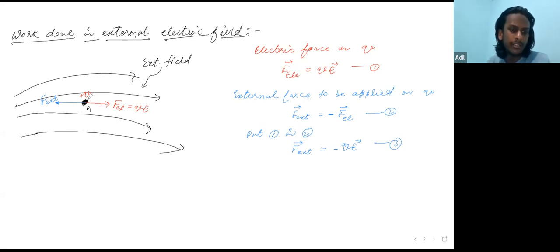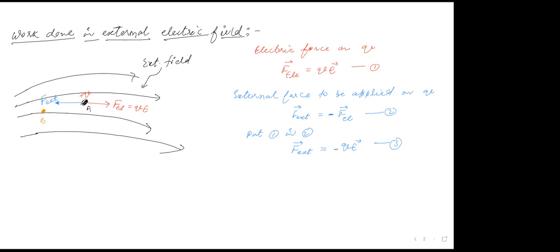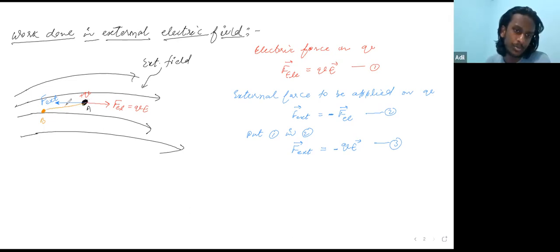Now we already know that when we apply an external force upon this charged particle, this charge will displace from this position to this position. Suppose that this charge is displaced from A to the position B. Then we can say there is work to be done.